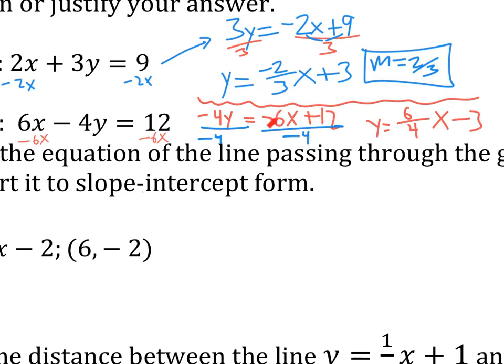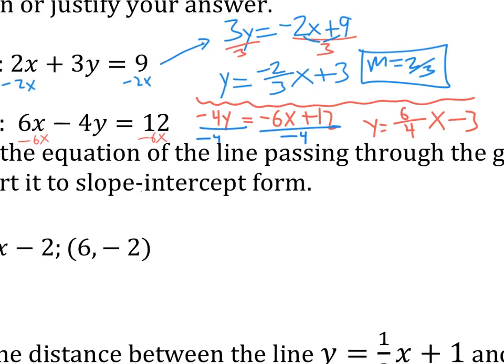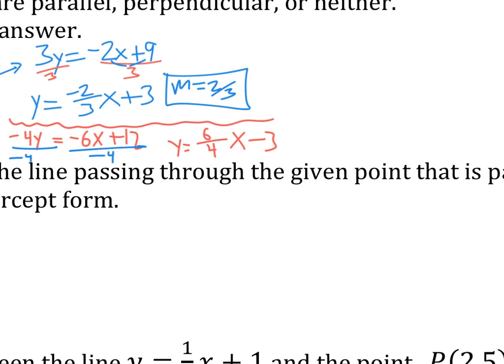So divide both ways. These both get divided, and 6 divided by 4 is just 6/4. Those fractions make that easy. And so our slope here is 6/4, or if we simplify that, 3/2.